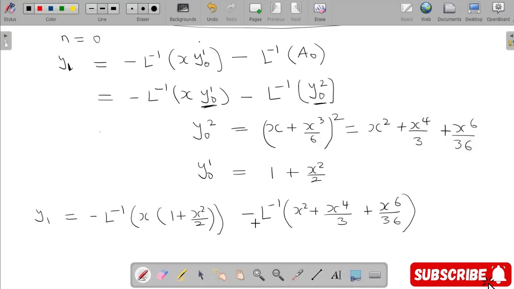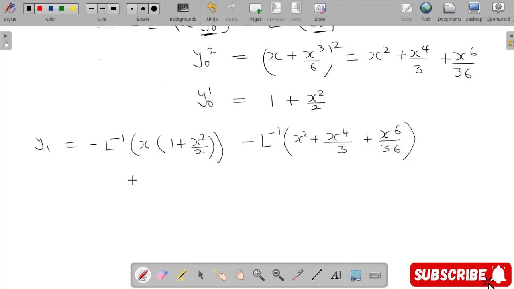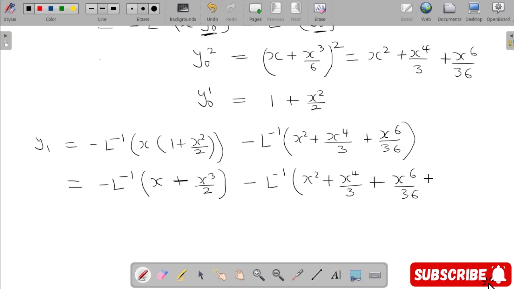We should not forget that our L inverse is a second order inverse operator, so that means we are integrating twice. But before we do that, we have this written as x plus x raised to the power 3 over 2, and then L inverse of x squared plus x raised to the power 4 over 3 plus x raised to the power 6 over 36.